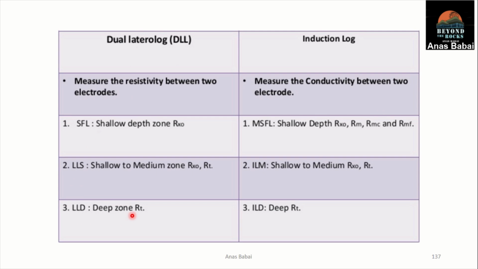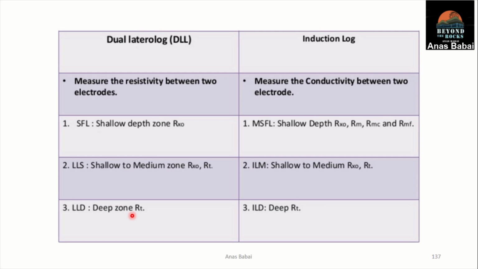And if you remember, we said that in the borehole environment, we divided the formation near the borehole into three zones: the flushed zone, the invaded zone, and the uninvaded zone. We said that the flushed zone is a zone in which the drilling fluid flushes all the fluid, and the only fluid remaining in that zone is the drilling fluid.